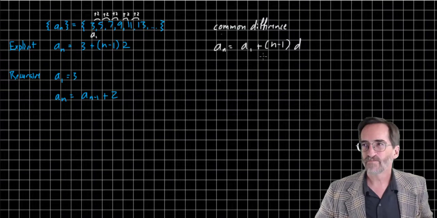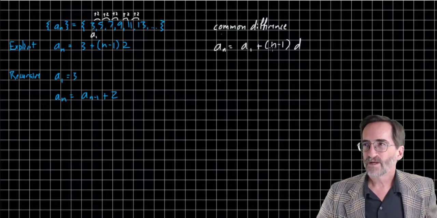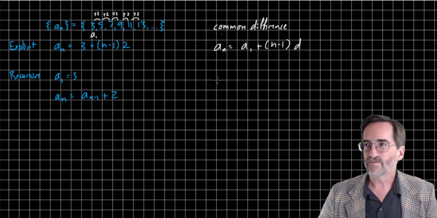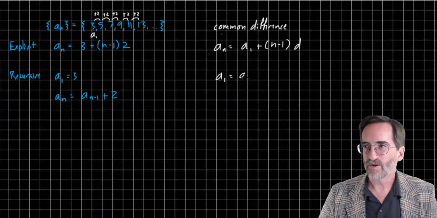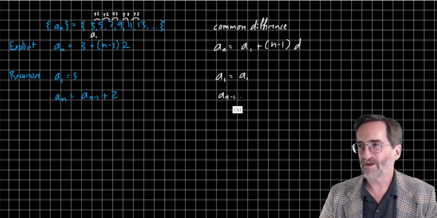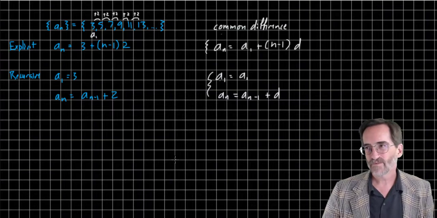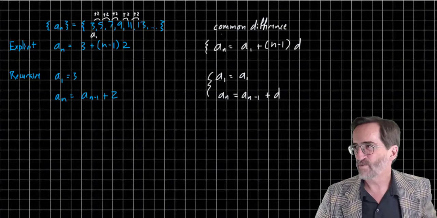So the first term plus n minus 1 times d, okay? And then the recursive version is A sub 1 equals A sub 1, and A sub n equals A sub n minus 1 plus the common difference d. Recursive and explicit.